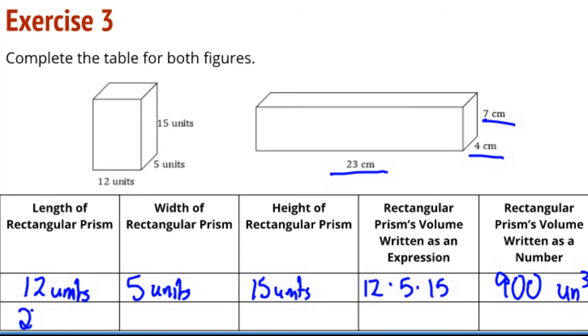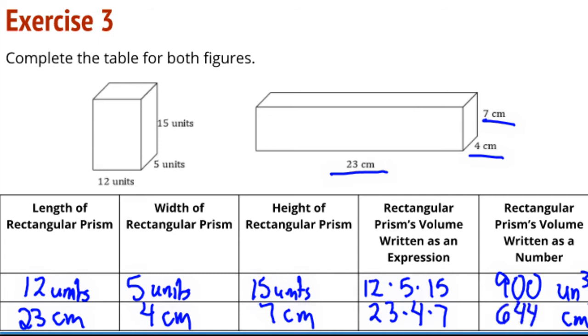So I can have 23 centimeters, I can have 4 centimeters, I can have 7 centimeters. I've got 23 times 4 times 7. And I know that these are going to be cubic centimeters. And when I'm done multiplying, I should have 644 cubic centimeters.